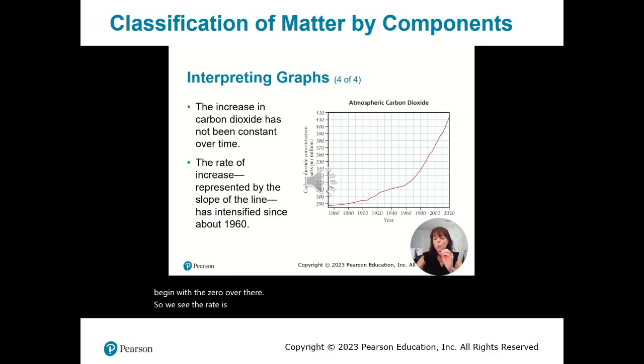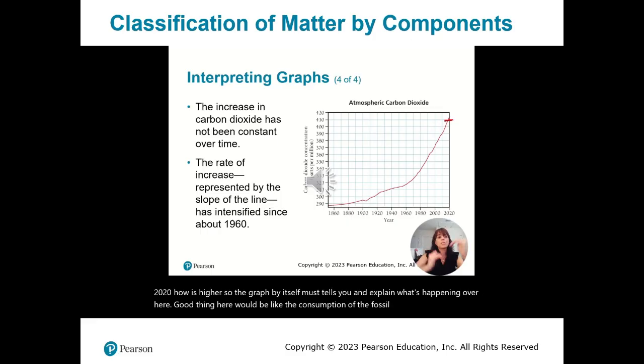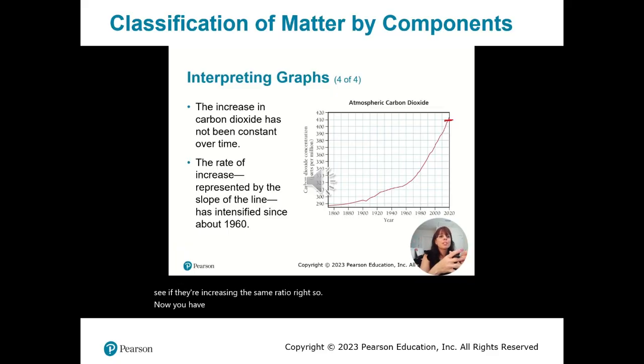Represented by the slope of this line, it has intensified since 1960 until, look at this, 2020, how much higher. So the graph by itself must tell you and explain what's happening over here. A good thing here would be the consumption of fossil fuels next to this one to see if they're increasing at the same rate, right? So now you have a very strong foundation in matter, measurements, and scientific approach that completes chapter 1.